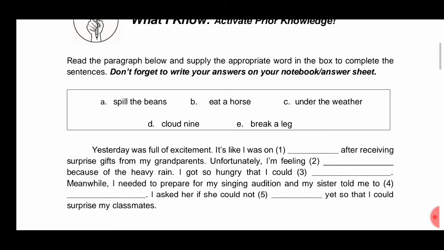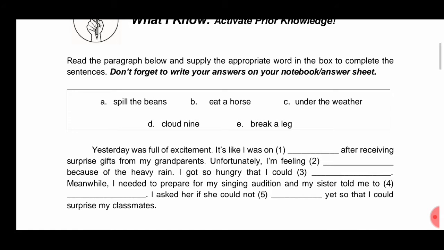Unfortunately, I'm feeling under the weather because of the heavy rain. I got so hungry that I could eat a horse. Meanwhile, I needed to prepare for my singing audition and my sister told me to break a leg. I asked her if she could not spill the beans yet so that I could surprise my classmates.